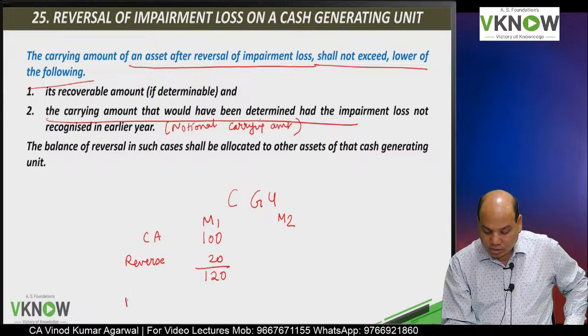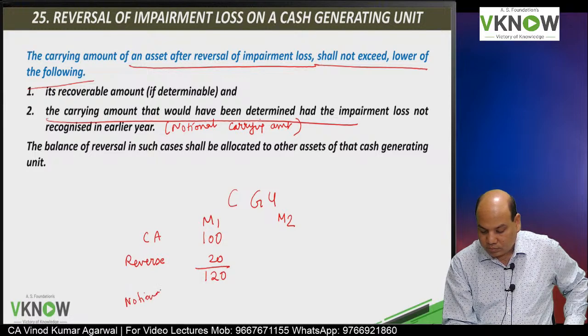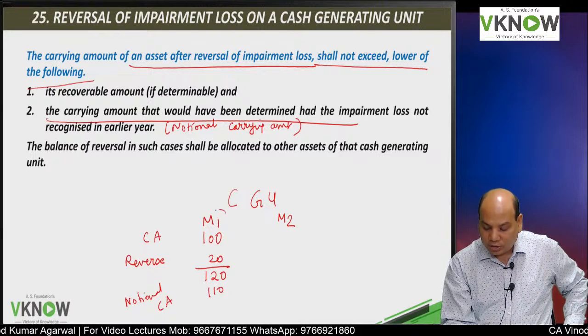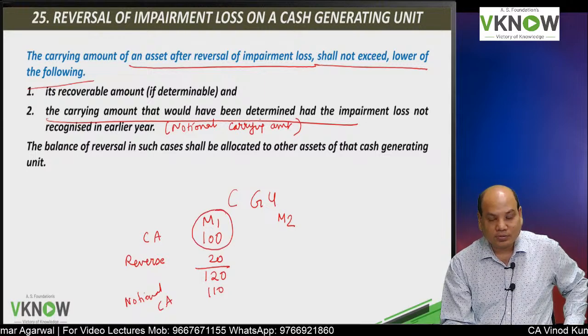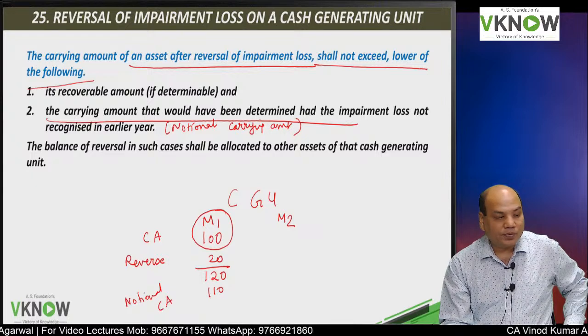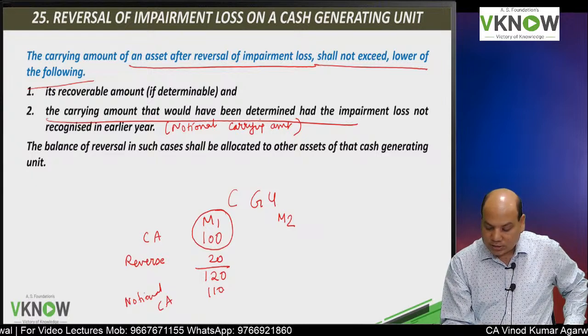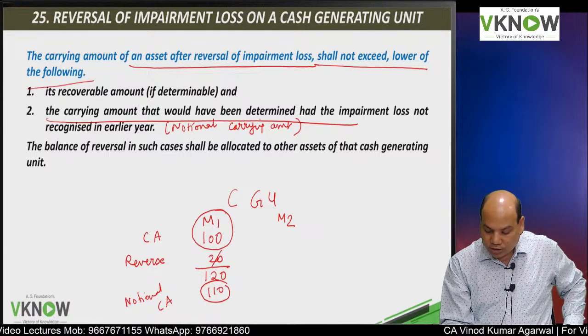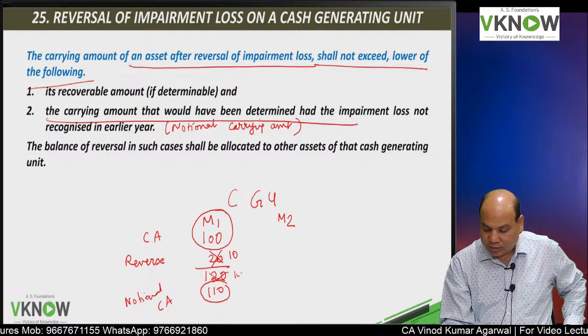But the notional carrying amount is 110 only. Had I not impaired this asset, in the absence of impairment, this asset's carrying amount would have been only 110. So I can't reverse 20. I will have to reverse only 10.